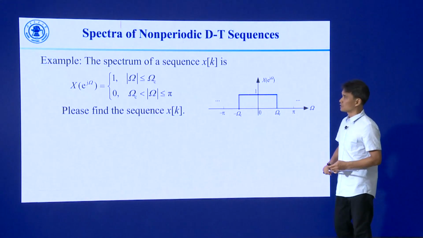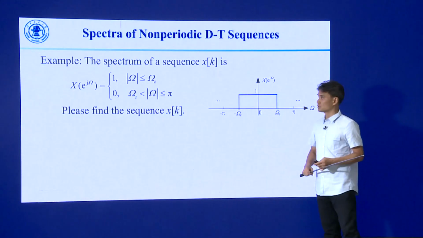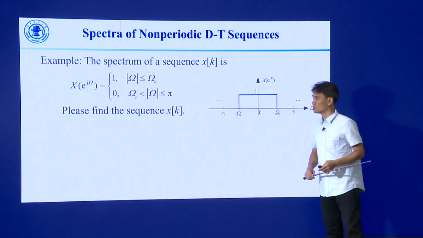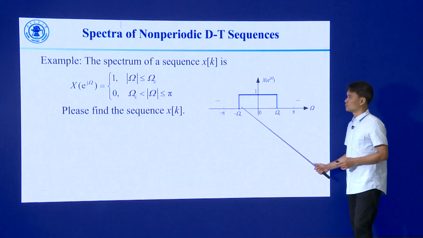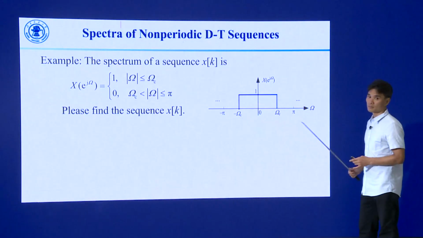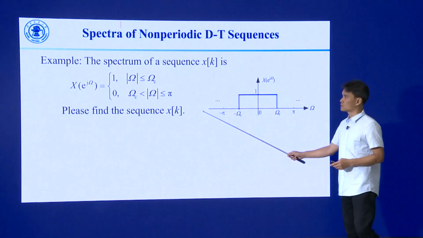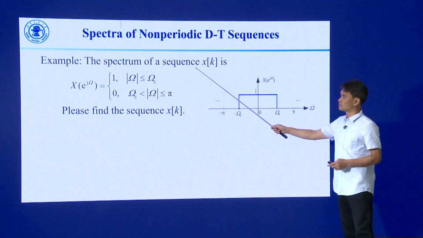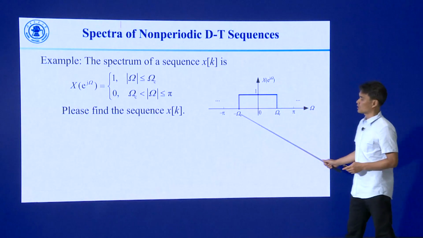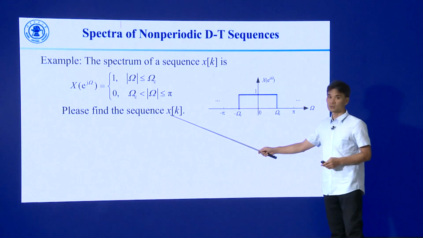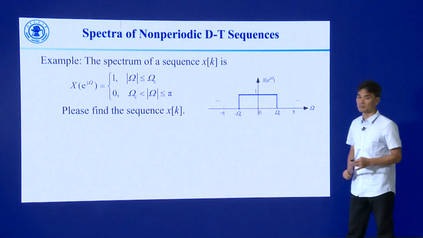Using the inverse discrete time Fourier transform, we can also find the original signal when the spectrum is given. So here is one example. If the spectrum is this function in the frequency domain, how can we figure out the original sequence in the time domain?